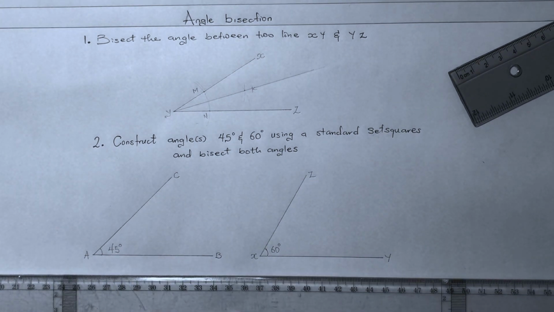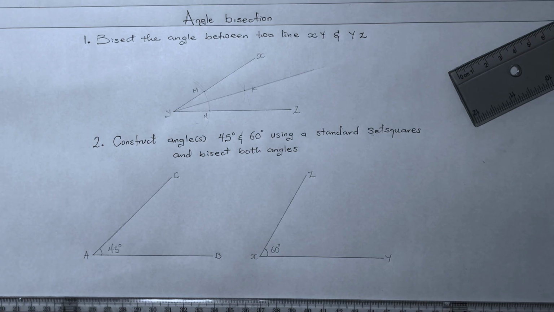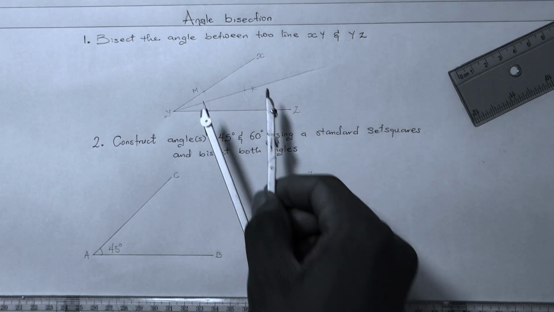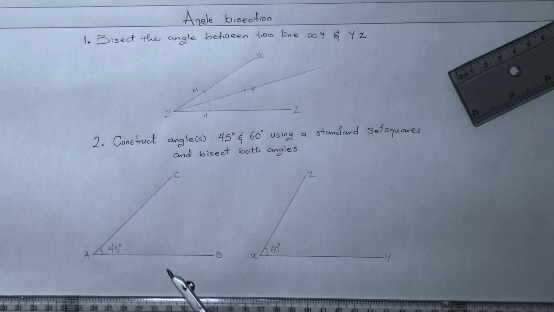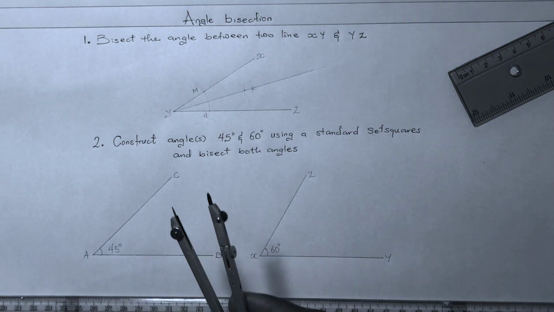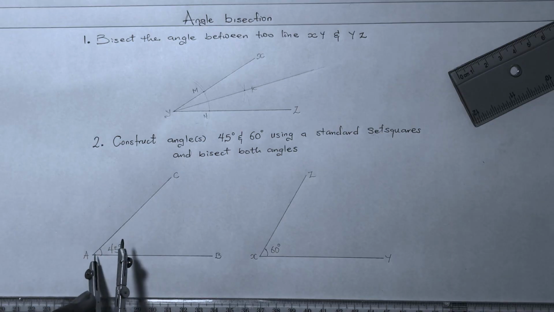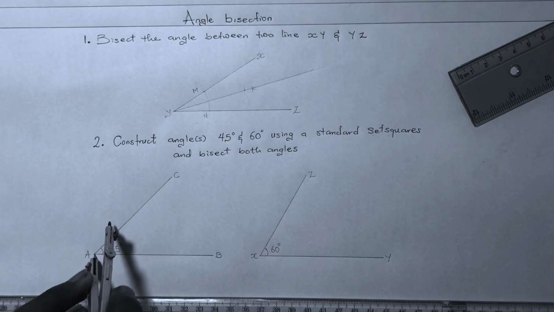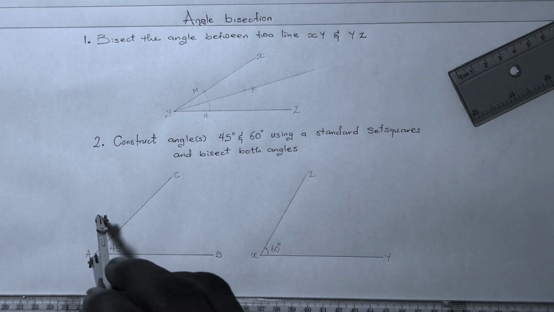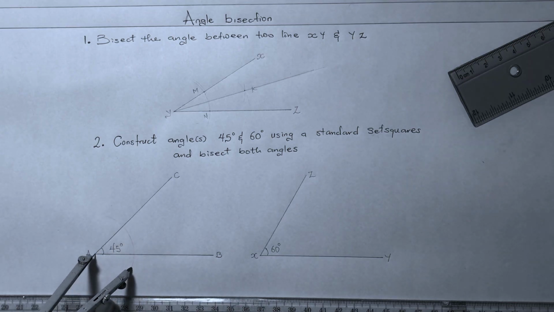By setting these two angles, to do this, we follow the same pattern we used in the first example. So we're going to mark an arc with a convenient radius using a compass at point A, marking an arc that touches line AC and AB.